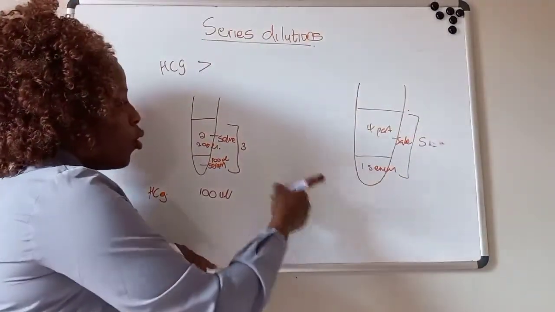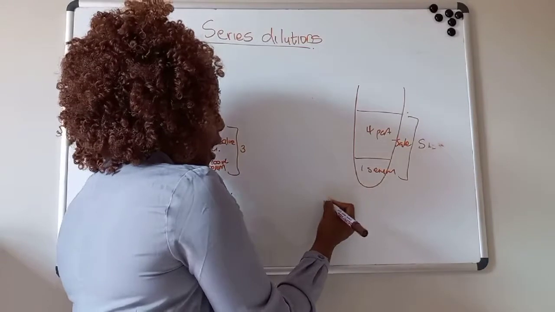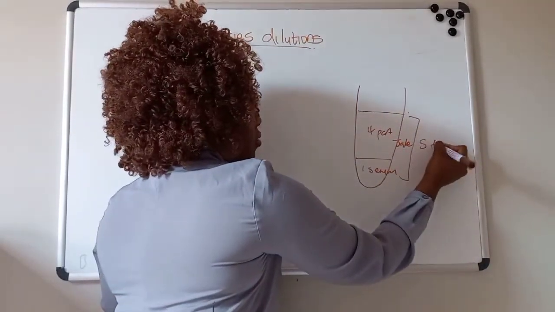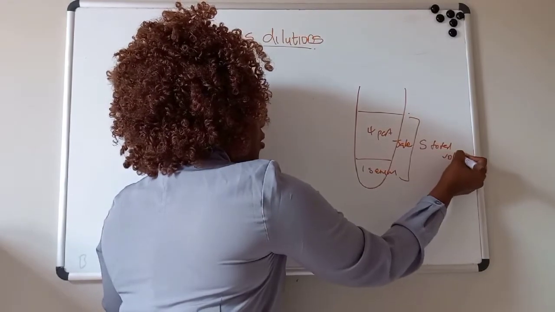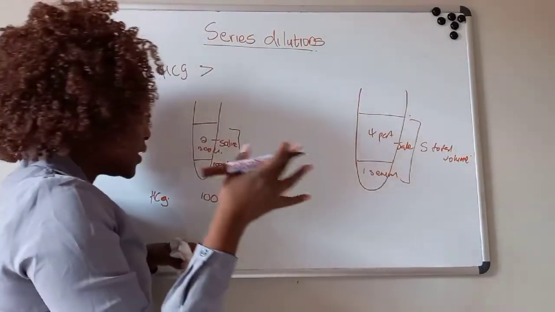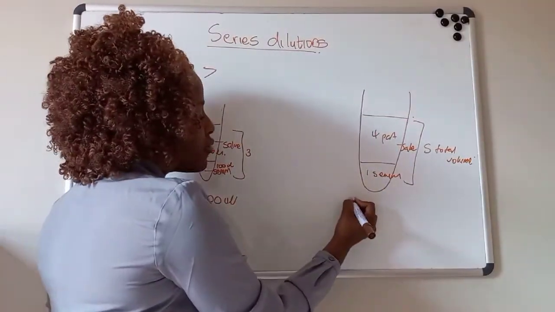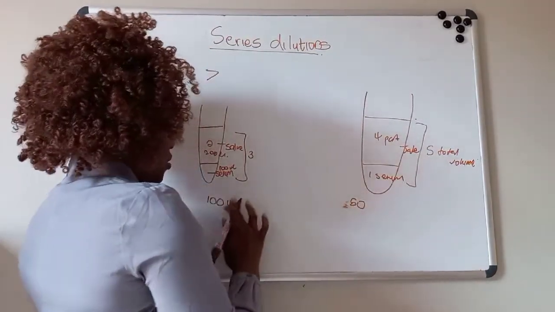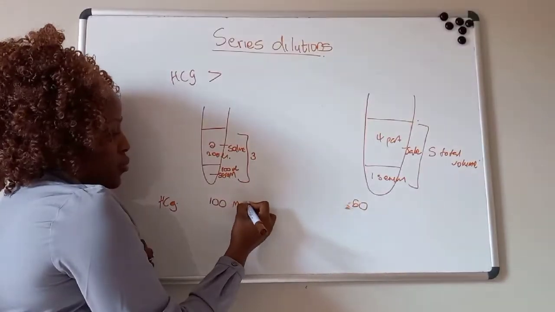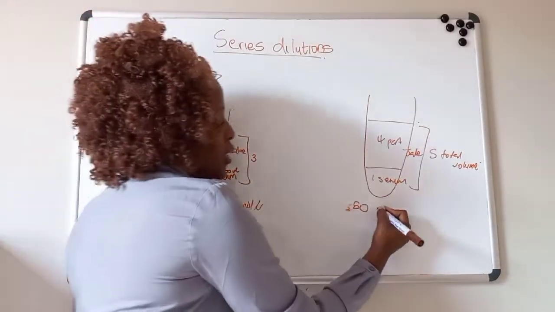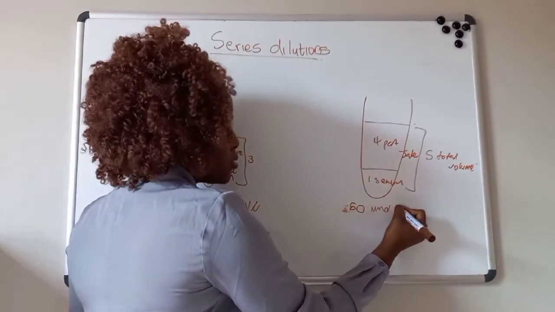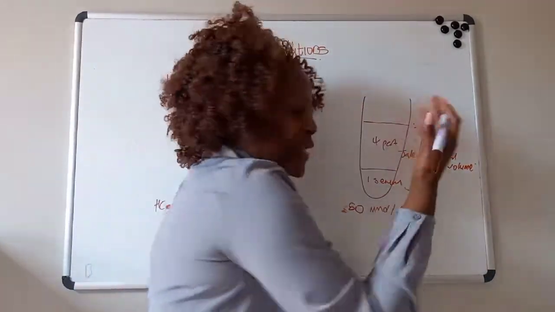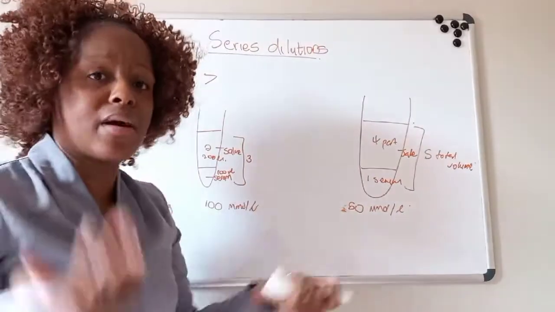And then on your printout for your 1 in 5, let's say you get a result of 50. It's not microliters, it's millimoles per liter, so here you get millimoles per liter, for example. So this is just an example.